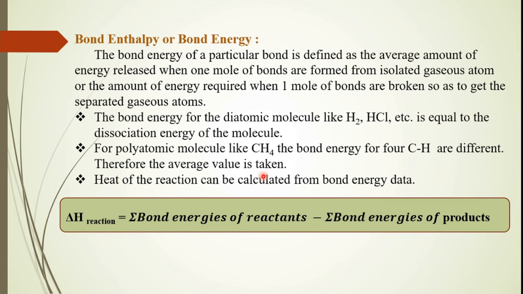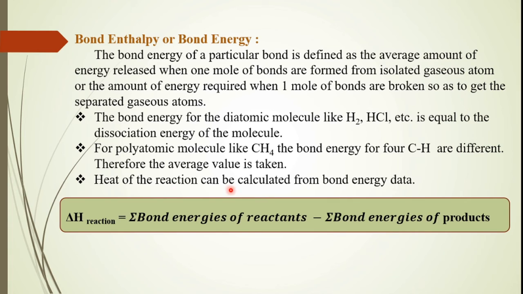That means when one hydrogen is removed from CH4 to form CH3, that energy is different. When two hydrogens are removed, that energy is different. So whatever energy is released during this bond formation, the average value is taken as the bond energy.